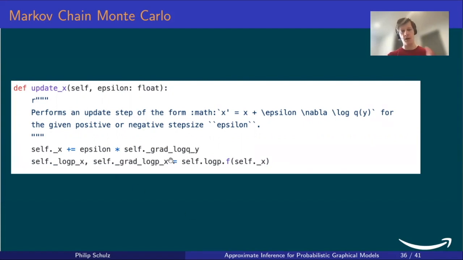And you can see that all of this here can basically be automatized by exploiting automatic differentiation. So if you have the automatic differentiation routine for whichever model you're using, then the updates are very, very simple and very straightforward.